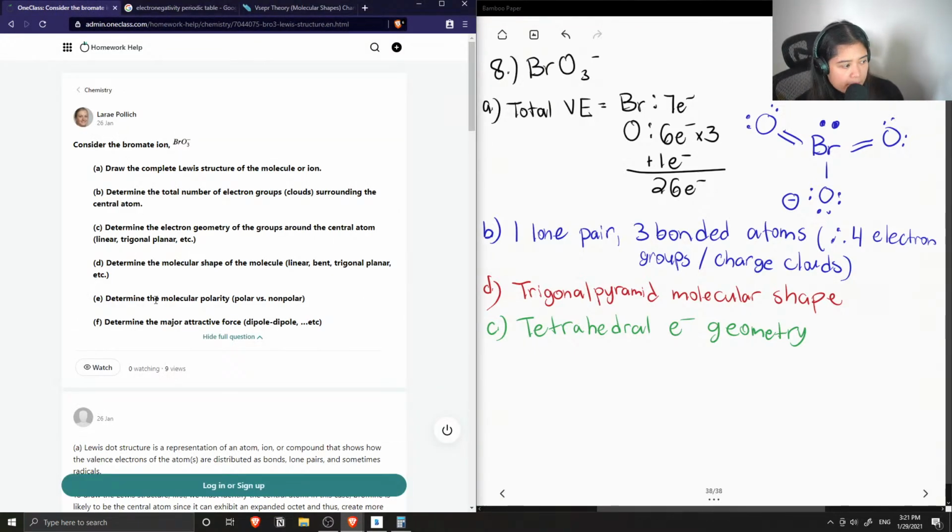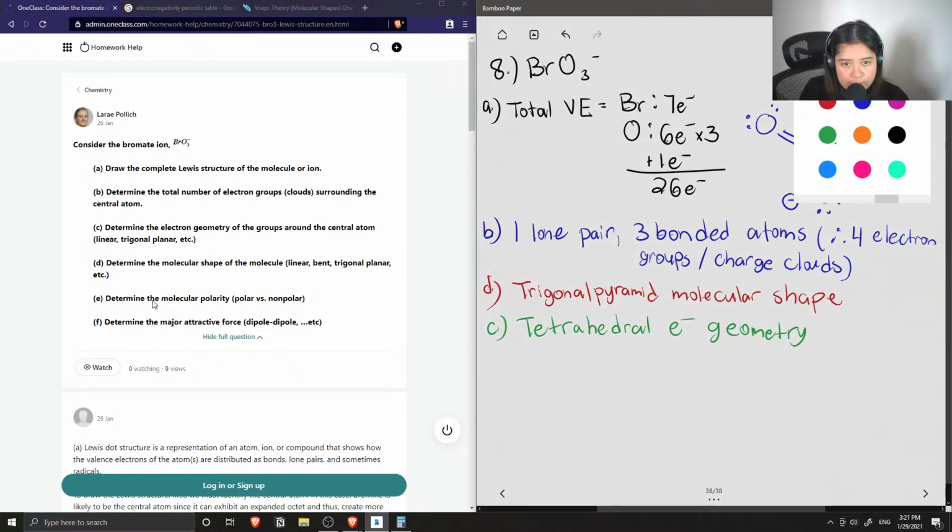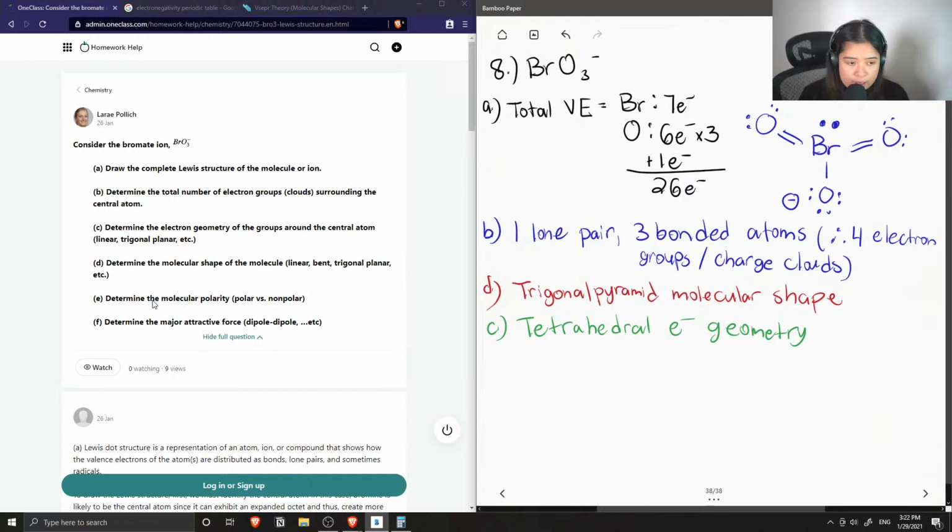So part E is to determine the molecular polarity. So is it polar or nonpolar? So to do this, let's find out if the bromine-oxygen bond is polar or nonpolar. So to do that, we need to calculate the electronegativity difference between bromine and oxygen.